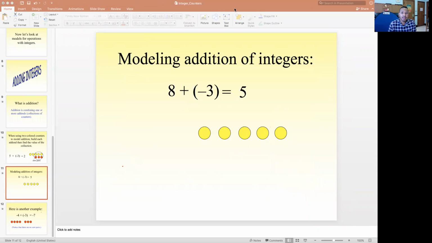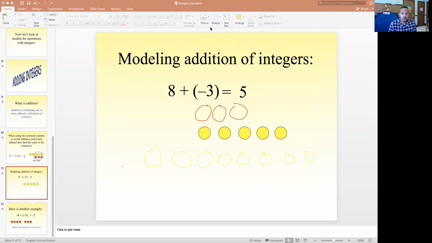We have 8 plus negative 3. We're going to represent this first with negative 3, which would be 3 red counters, right? And then our yellow counters are going to be 1, 2, 3, 4, 5, 6, 7, 8.